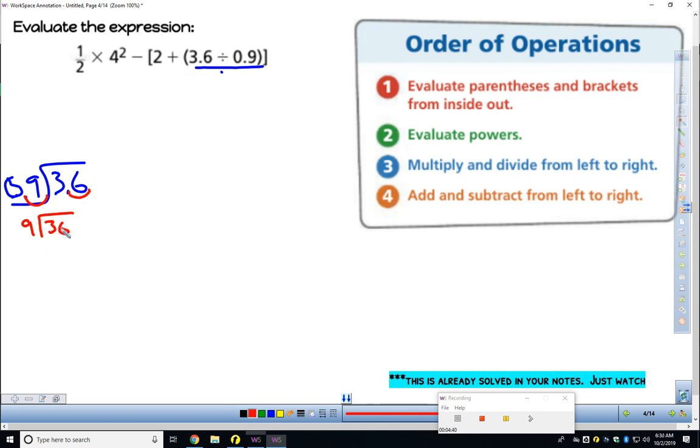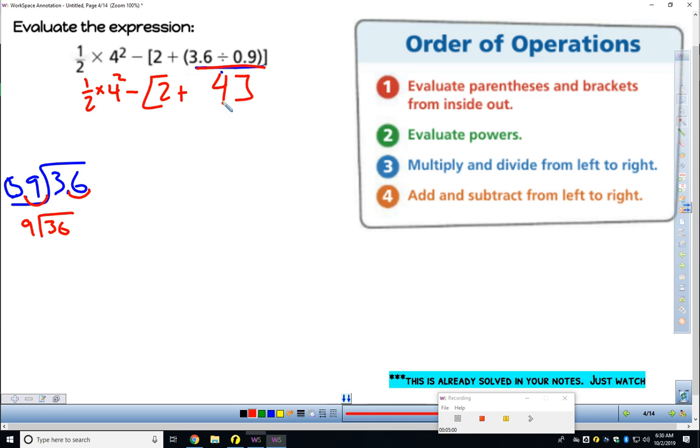And how many 9s are in 36? That would be 4. And so you'll notice that I used the things in parentheses, that became the 4. Everything else got copied down the exact same.